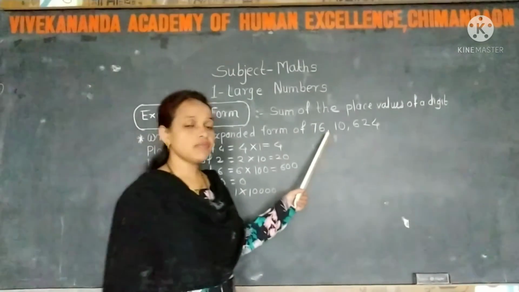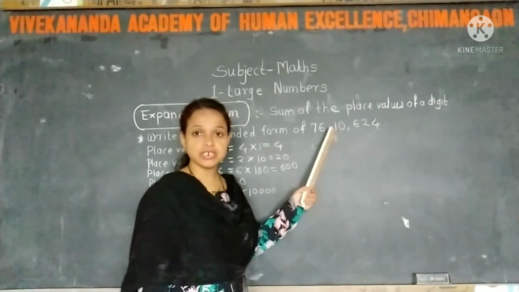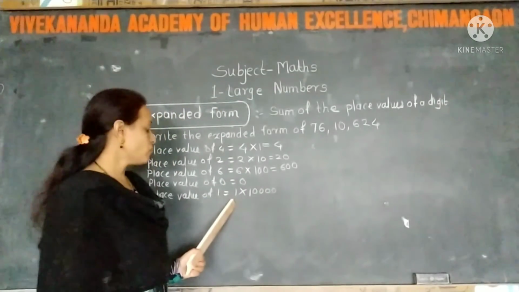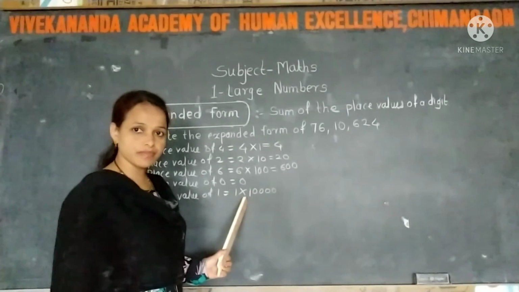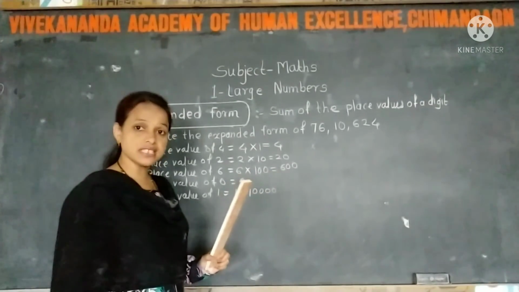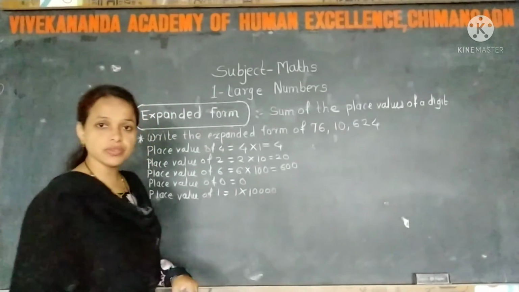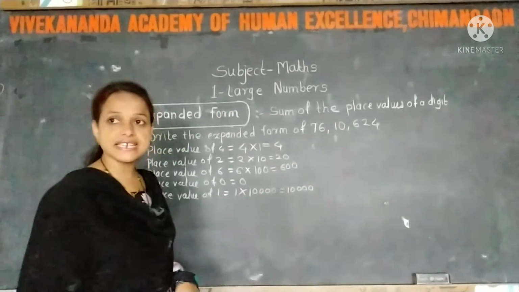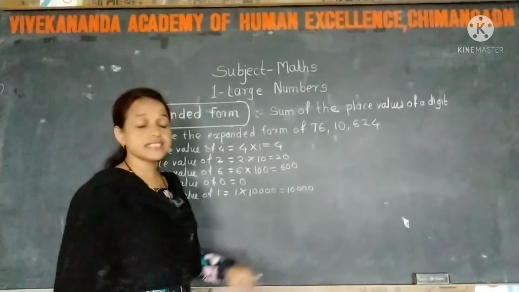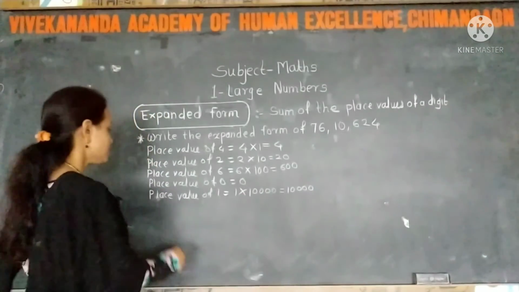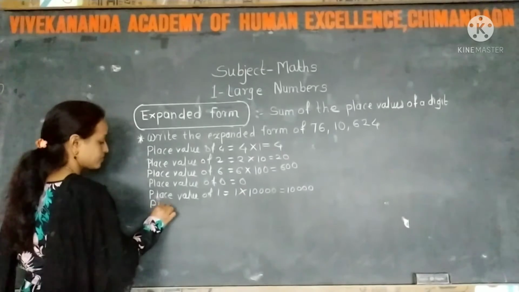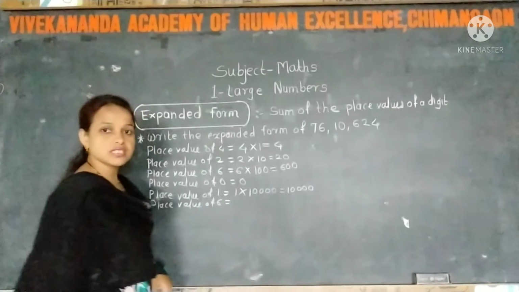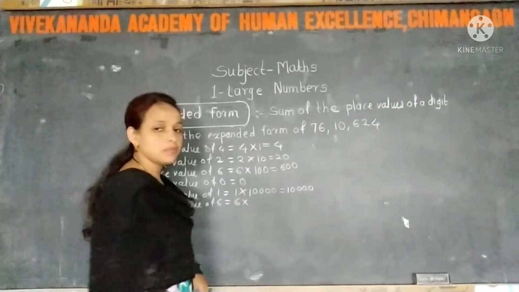Next digit 1. Now we will find the place value of digit 1. Digit 1 is at the 10,000's place. So face value of 1 is 1 and the value of the place it occupies is 10,000. So 1 multiplied by 10,000, we get 10,000. Next digit 6. Digit 6 is at the lakh place. Face value of 6 is 6 and the value of the place it occupies is lakh.